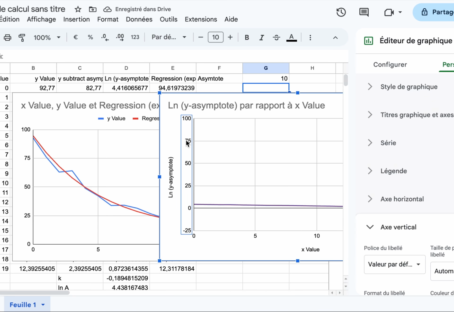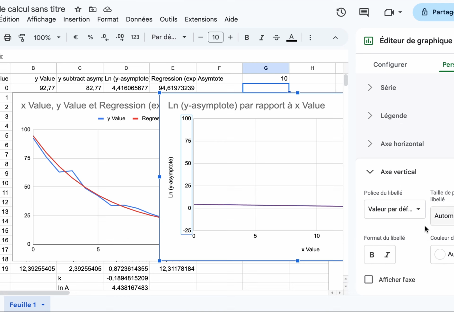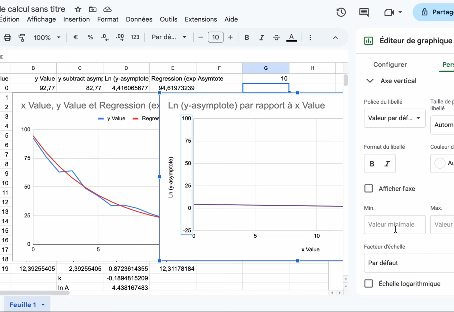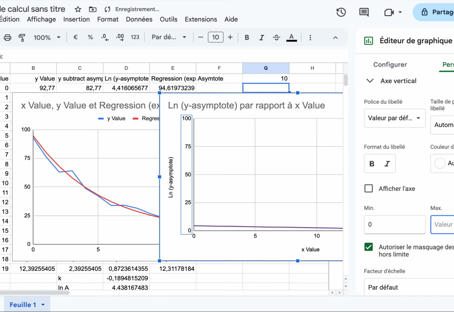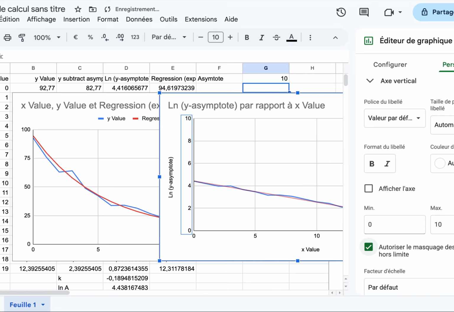Let's go with the vertical axis from 0 to 10, or even 5 we could do.